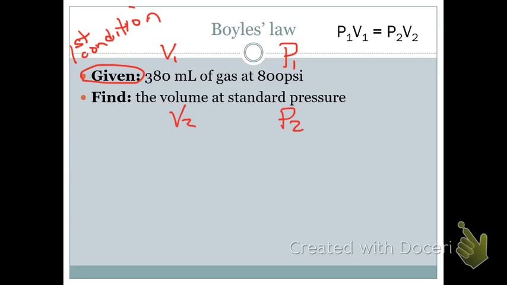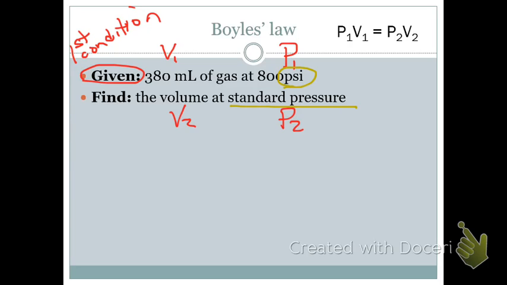Now, we said that you needed to have on hand your list of standard pressures, right? So, if I'm asking for your standard pressure, that means I'm looking for whatever that standard pressure is of the unit that I've given you. And in this case, I've given you the unit of PSI.